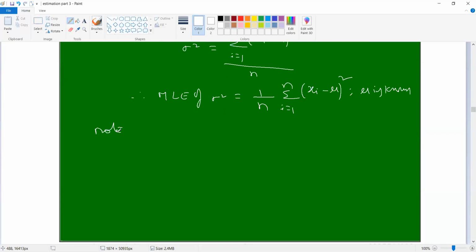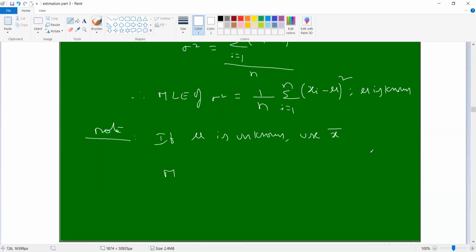Note, if mu is unknown, use x bar, because x bar is an unbiased estimator or MLE of mu.